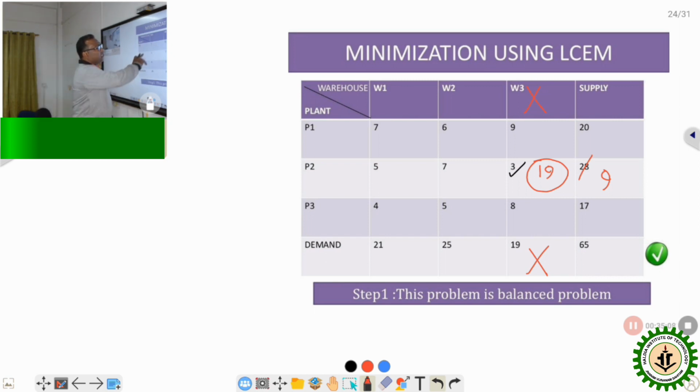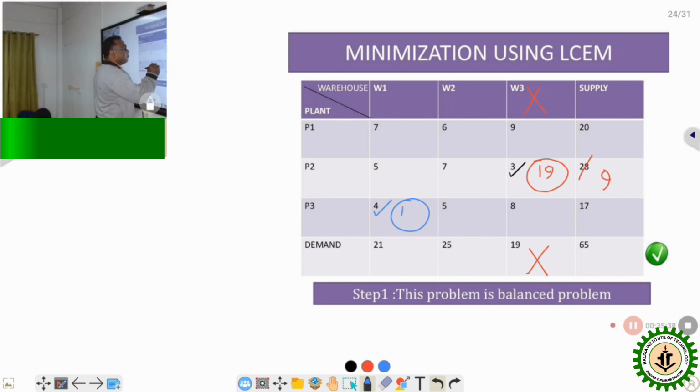Among these, what is the minimum cost? You can see that the minimum cost is rupees 4. As the minimum cost is rupees 4, you go for allocating there. So what amount can you allocate here? Yes. Demand is 21, available is 17.